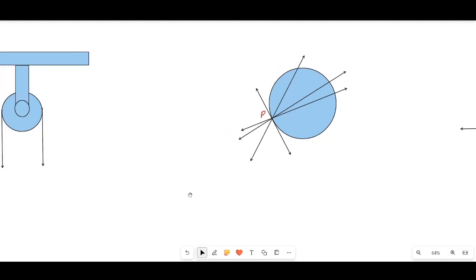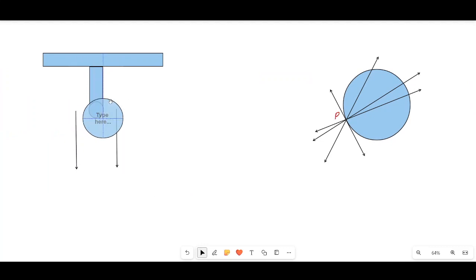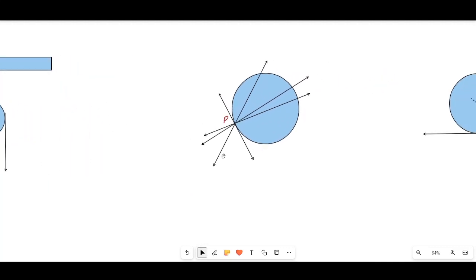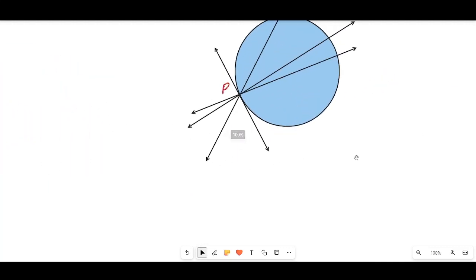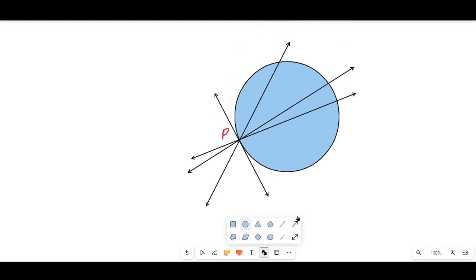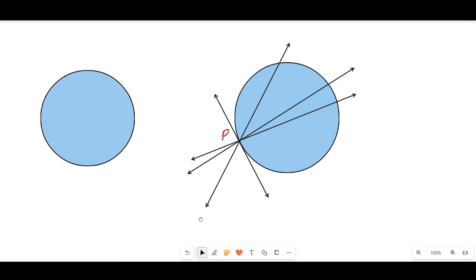Can you guess? Suppose this is a circle and here the tangent will be this. So this is the point of contact. We got only 1 point. In a tangent we get only 1 point.